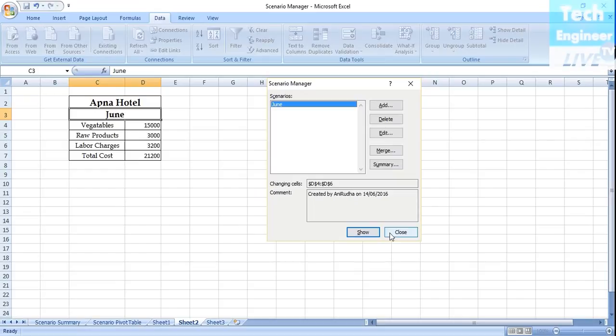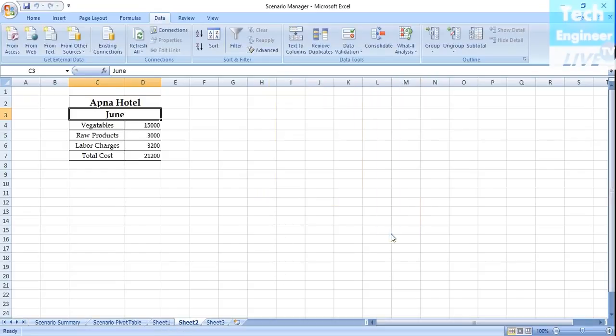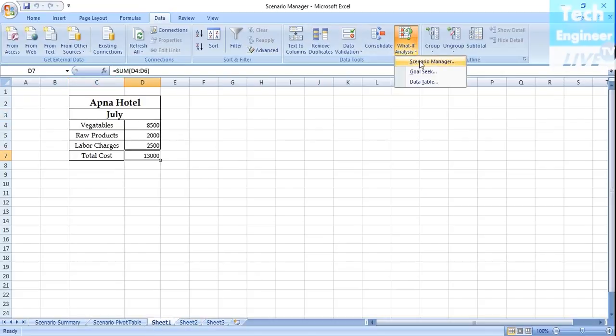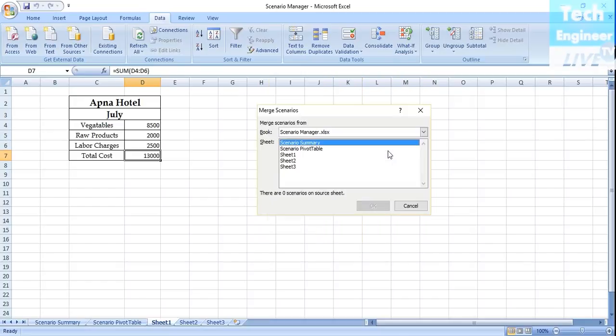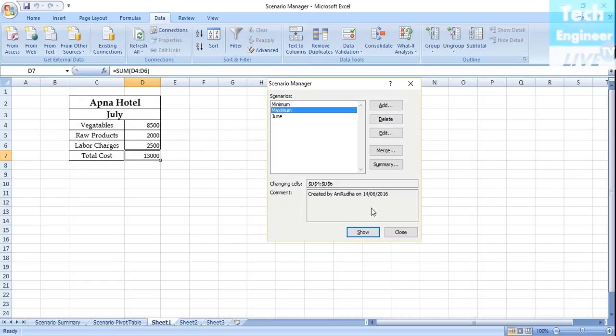We are closing that, and at sheet 1 we have to go to What-If Analysis and merge these values. We go with the merge option. At merge, we have sheet 2 there, and for example the June month, we already have the June month.